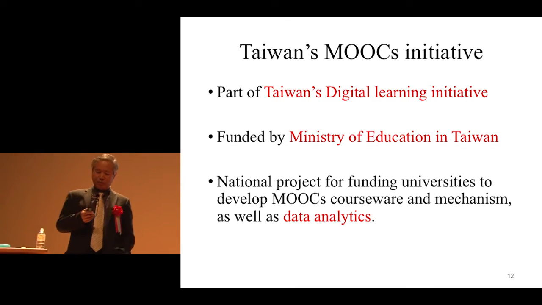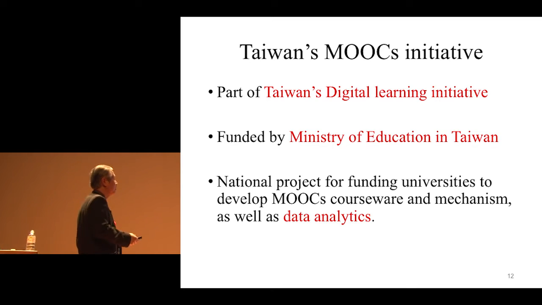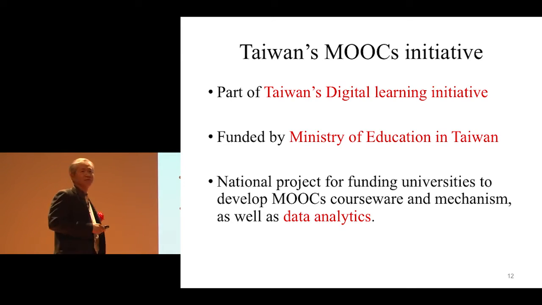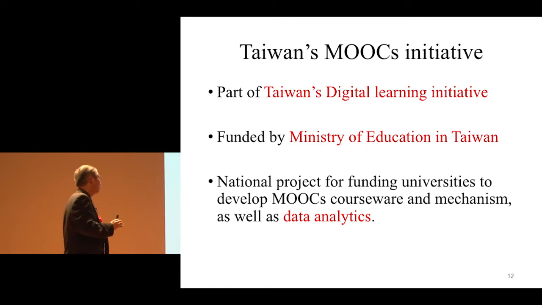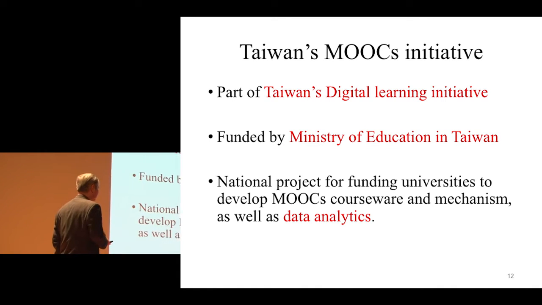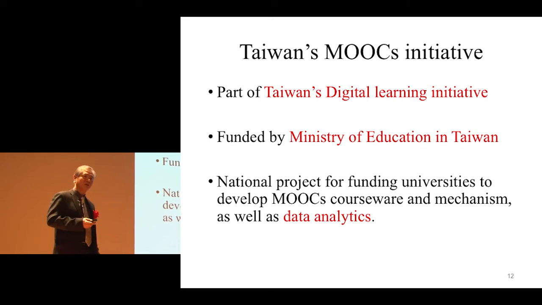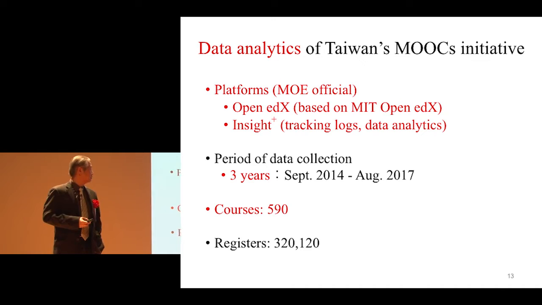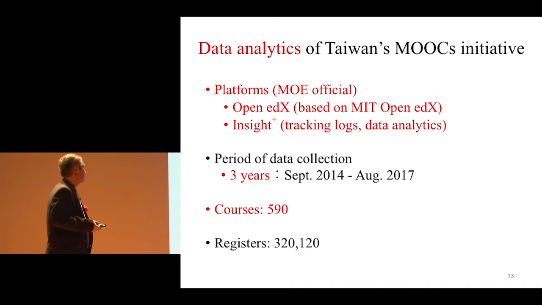And part of it is the Taiwan MOOCs initiatives. These initiatives mainly fund universities in Taiwan to develop MOOCs courseware and mechanisms, and also for data analytics. So I only show you part of them.